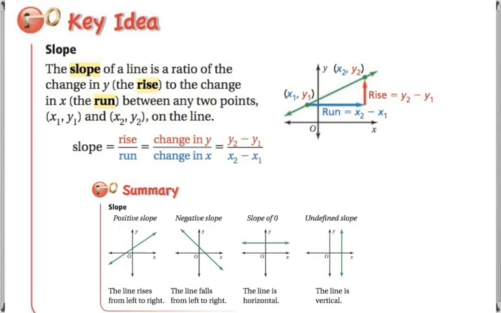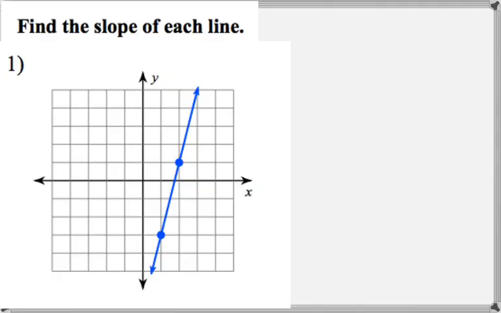Let's look at our first example. So we want to find the slope of the line in this graph. We know 2 points on the graph, so we first have to find our rise and our run. To find that, we're going to count. If we stand on this point right here, that I'm marking in red, and we walk up to get to the other point, we would go up 1, 2, 3, 4 spaces.